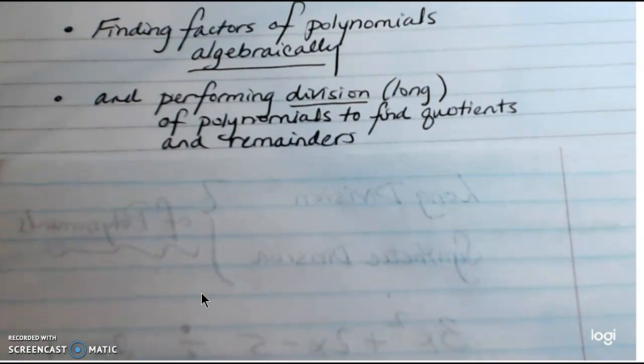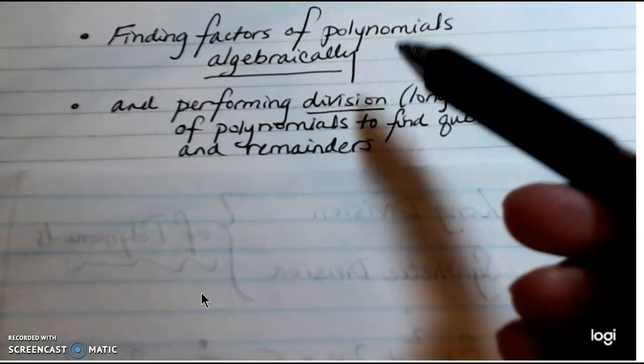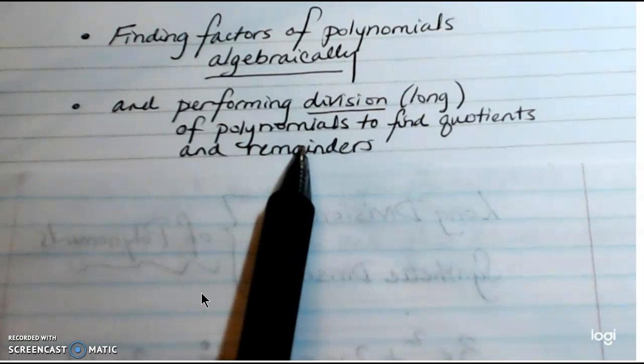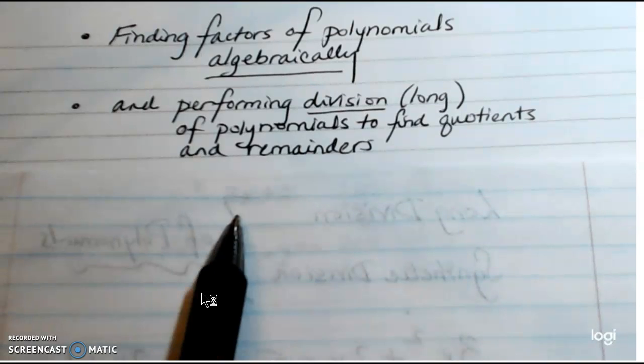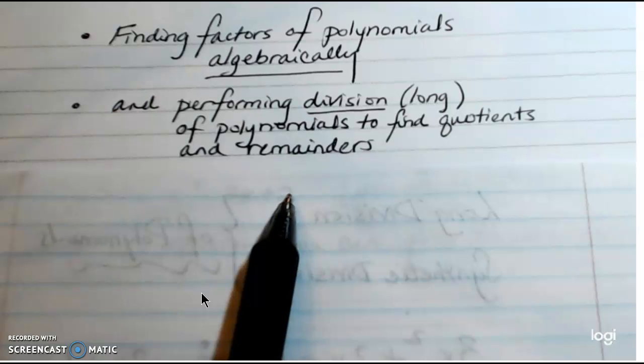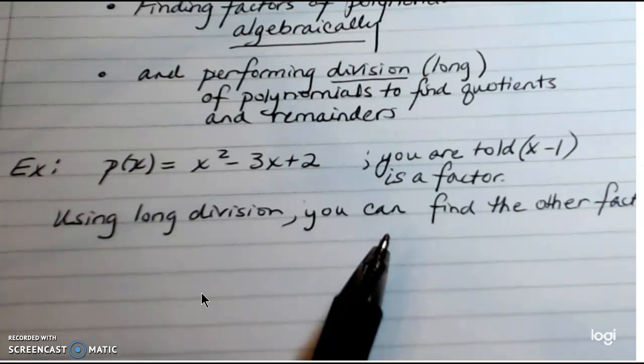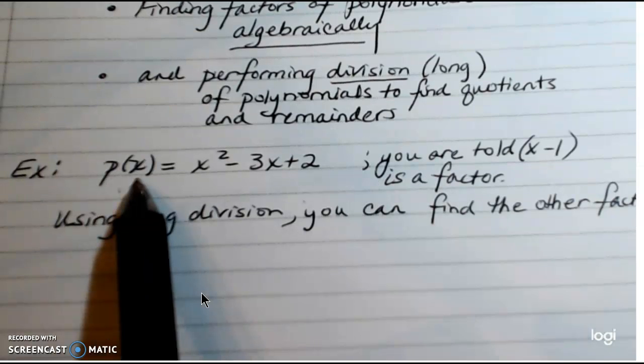So let's talk about finding factors of polynomials algebraically by performing long division of polynomials to find the quotient and whether the remainder is 0 or whether there is a polynomial remainder. So let's take a look at an example. Let's take our polynomial that we want to divide.